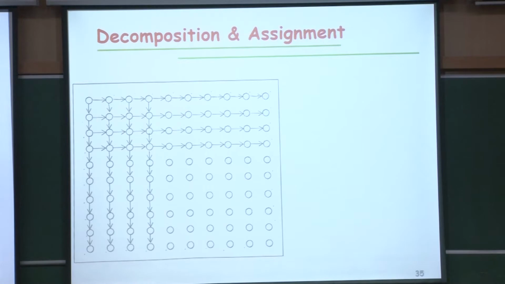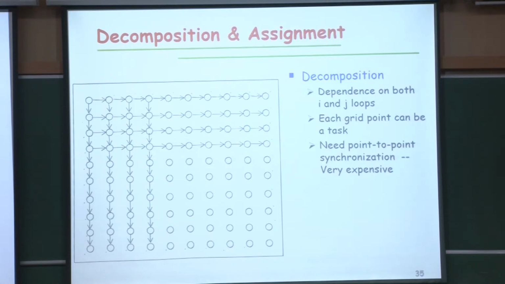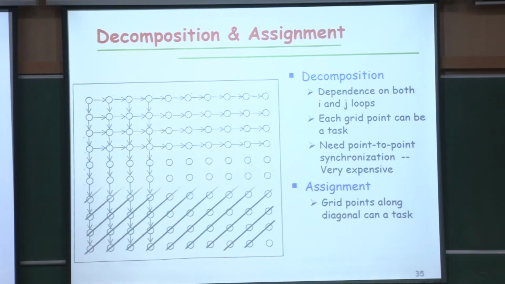So for every grid point I need to do synchronization with two other grid points, and that may be very expensive. In this case my individual subtasks are not very good; they are going to incur too much overhead. Now, what else can we do?